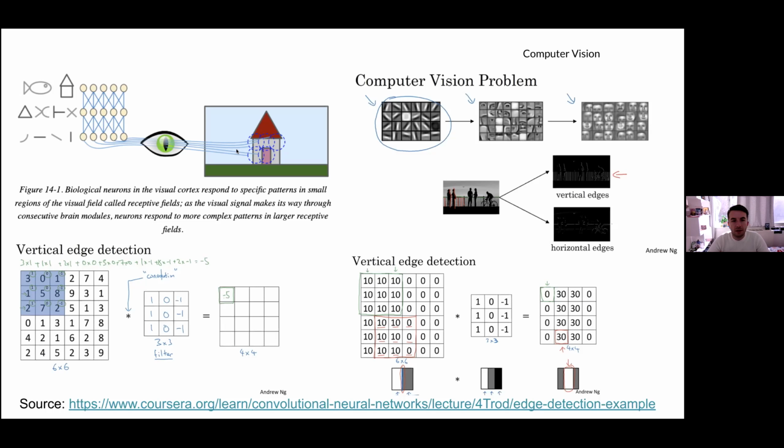That is basically an area in an image that somebody pays attention to. So different parts of the brain are focusing on very small regions. They're looking for very small visual patterns. They may be looking for lines, horizontal lines, vertical lines, half circles, and things like that.